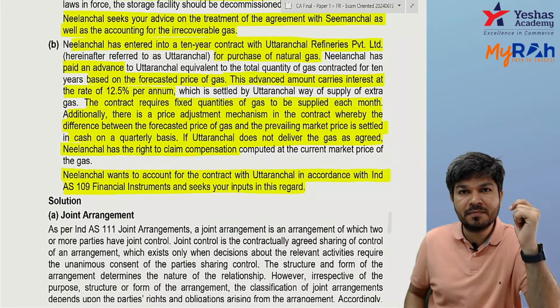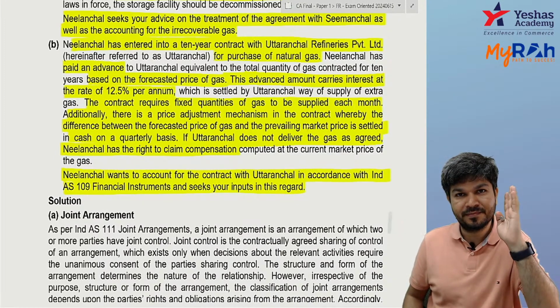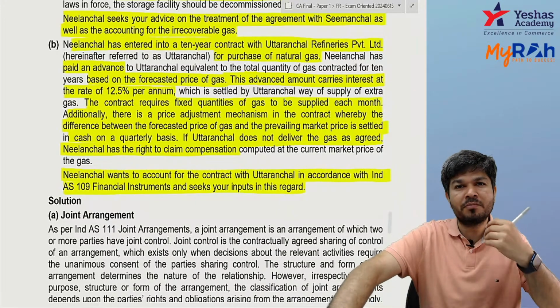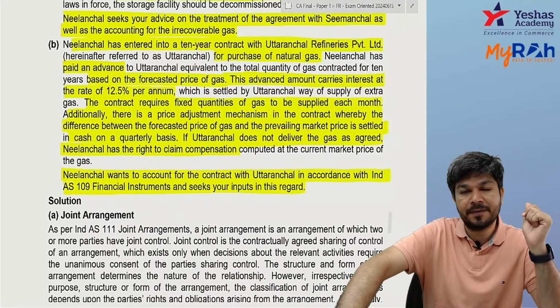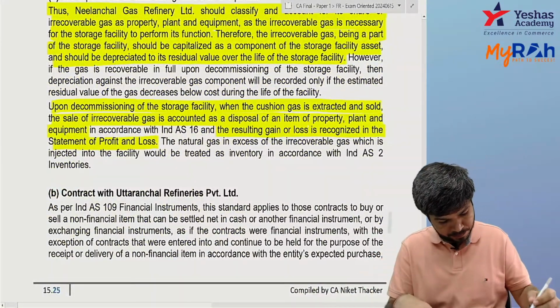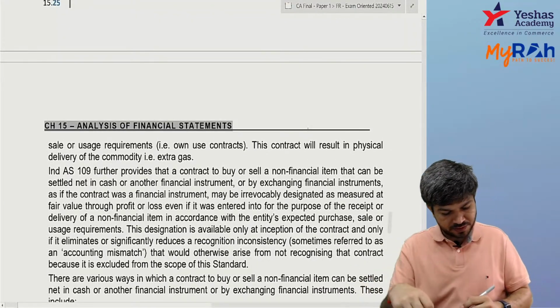If it is to be settled by delivery, it's out of scope of 109. But if it is not by delivery, imagine I know they will not be delivering to me and I can go for compensation, so cash will be received, then it's covered. So check over here.